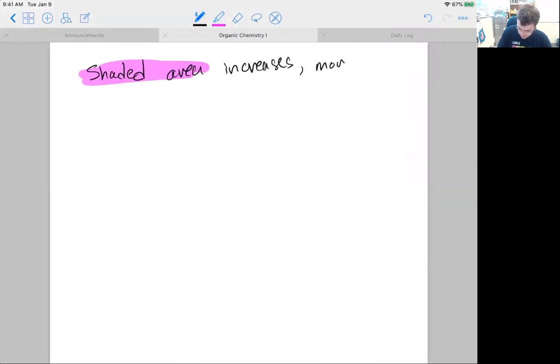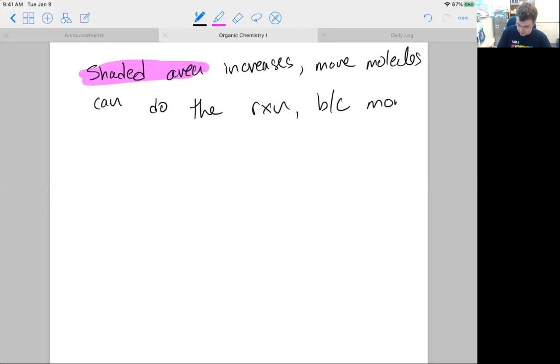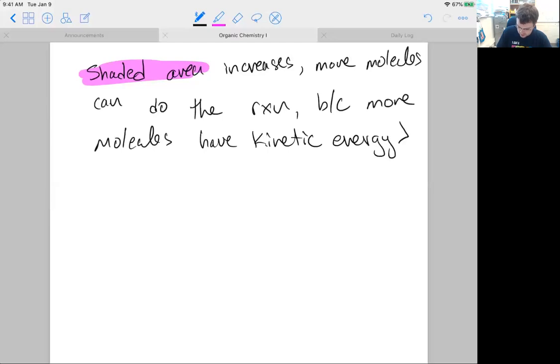That means that more molecules can do the reaction, because more molecules have a kinetic energy that's greater than the activation energy.